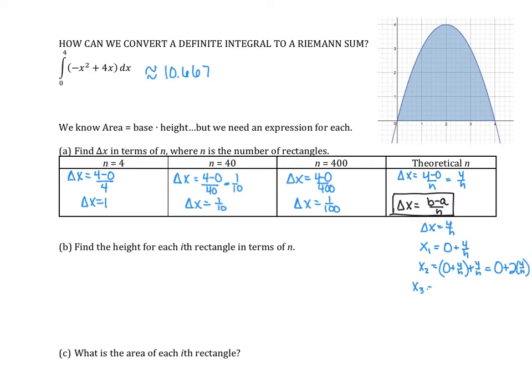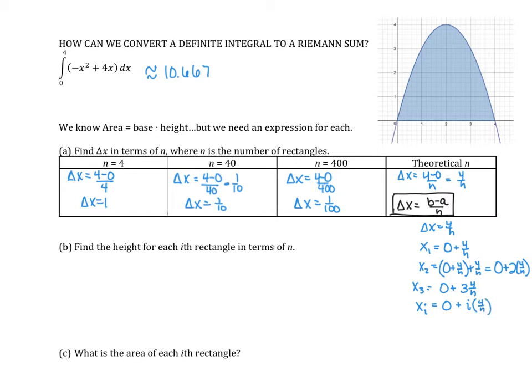And the third rectangle then would be the starting value plus 3 times 4 over n. So if we get to the ith rectangle, we are at 0 plus i, because we don't know how many i is, times 4 over n.